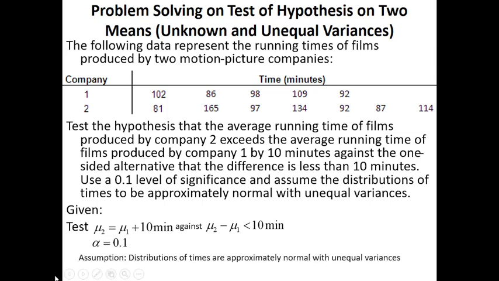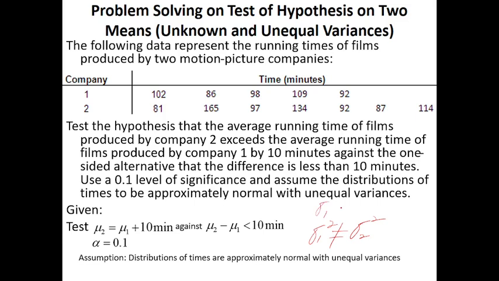The assumption is that the distributions of times are approximately normal with unequal variances. In that case, sigma sub 1 squared is not equal to sigma sub 2 squared. Unequal variances.